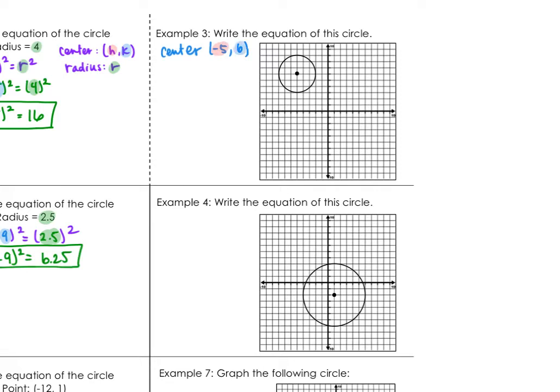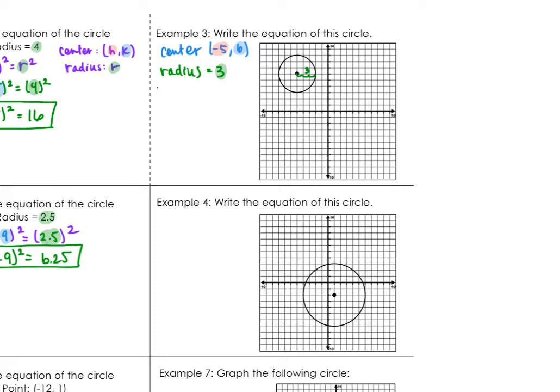Now to find my radius, I'm just going to count from the center out. 1, 2, 3, my radius is 3. So now I basically have the same information that I had in the previous example. I have my h, I have my k, and I have my r. And now we're just going to use the equation of the circle to plug it in.